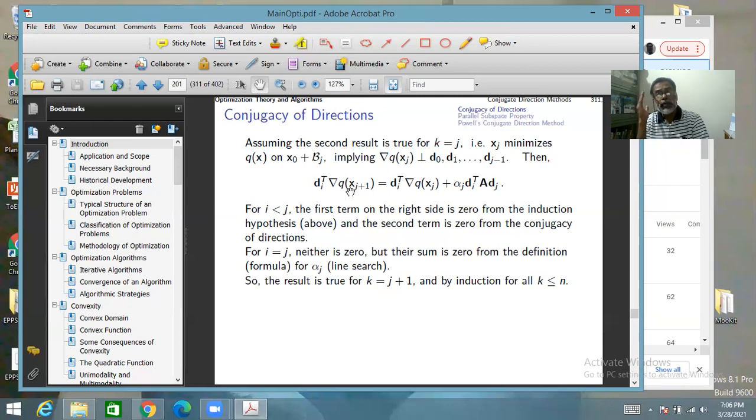That is, if the directions of search are mutually conjugate, then through line search, a current step minimizes along this current direction, but whatever minimization took place in earlier steps, it does not spoil that. And steepest descent iterations were spoiling a part of the previous iteration's task. And the conjugate direction method will never do that. So that is the idea.